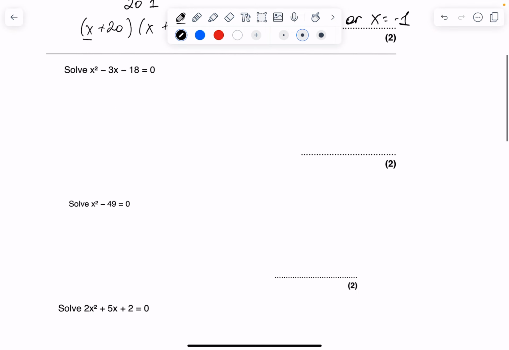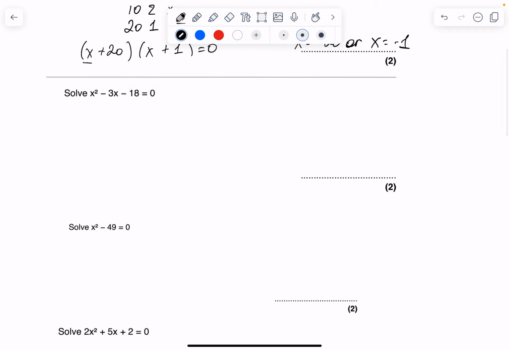Okay, moving on to the second equation, where we have negative numbers. Same thing, but now you have negative 18. Think of two factors of negative 18 that add up to negative 3.